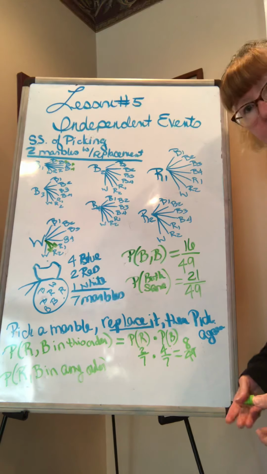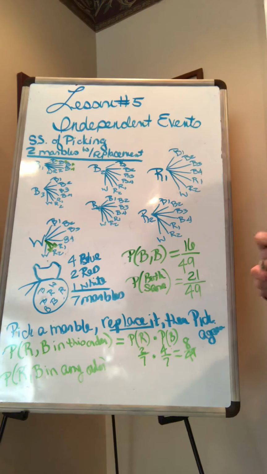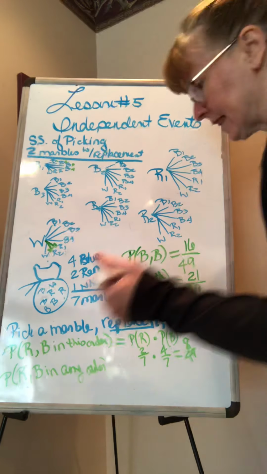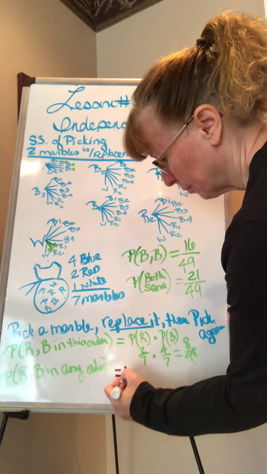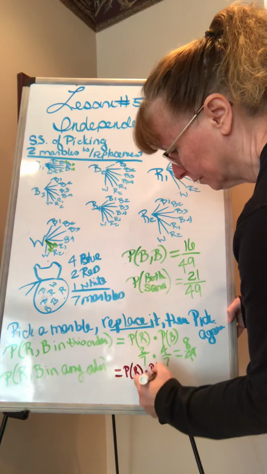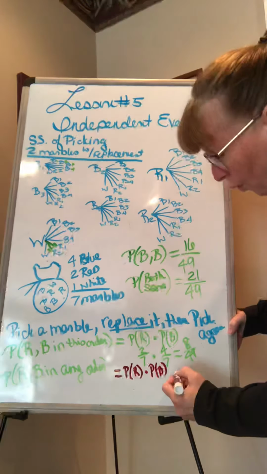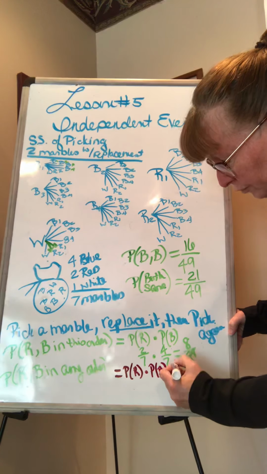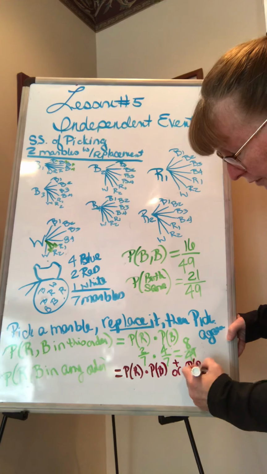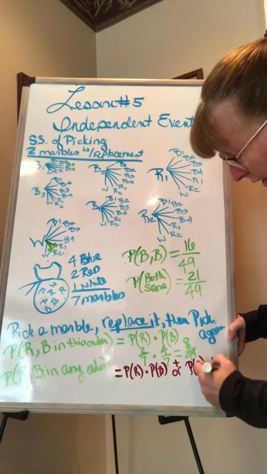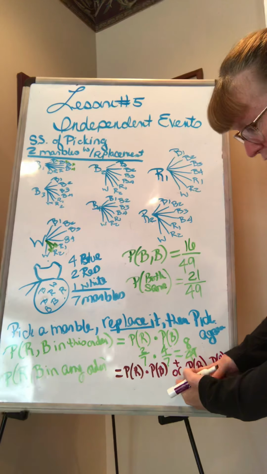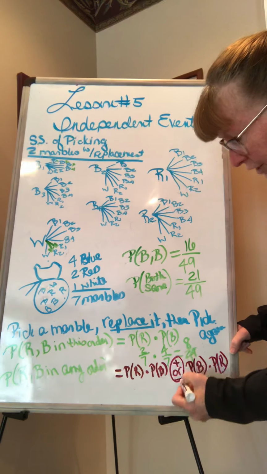Because that order mattered. But if they say in any order, now you gotta say, well, that means I got the probability of red first, and then the probability of blue, or, which is plus, the probability of blue followed by the probability of red. So now look, it's an or statement, and or is addition.